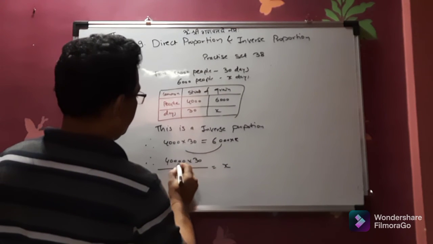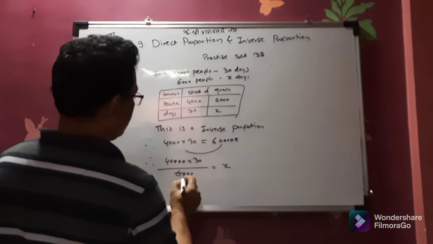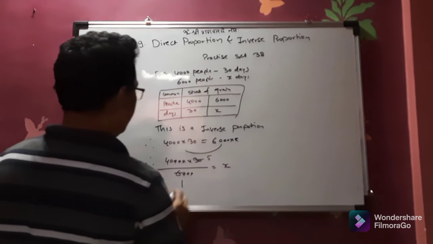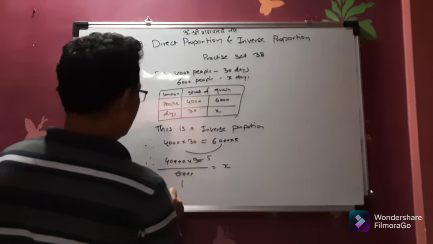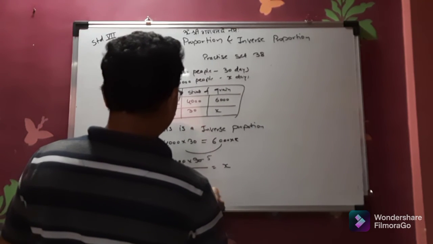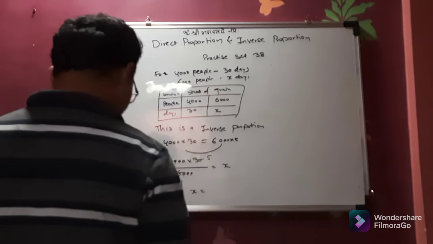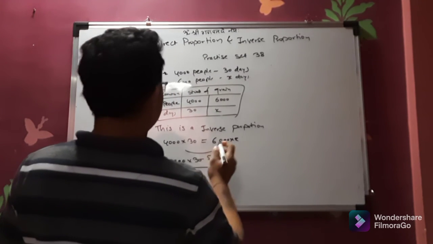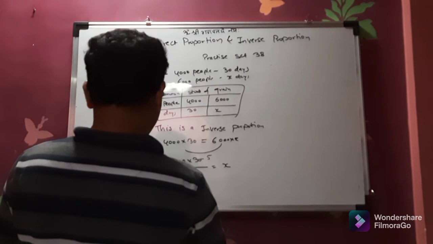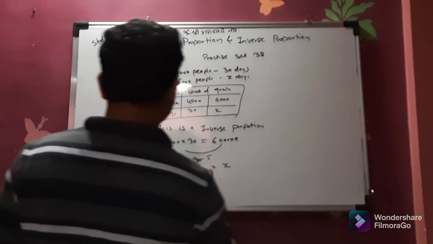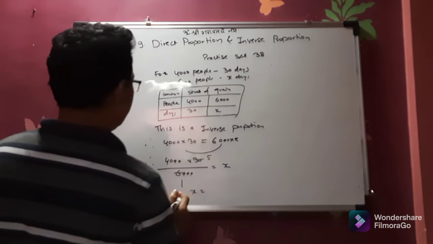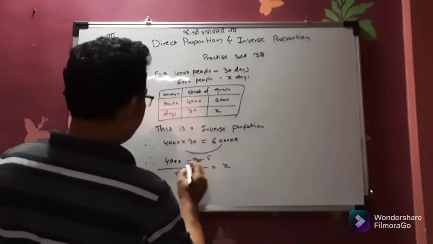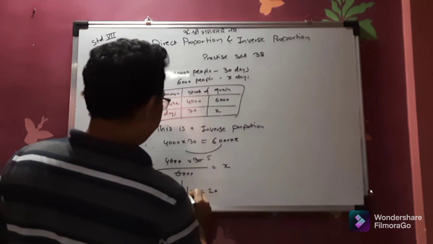This 0 will get cancelled. 6 ones are 6, 6 fives are 30. So the answer will come here 200. Sorry, 4,000 and 6,000. I have taken one more zero, so the answer will come 20.